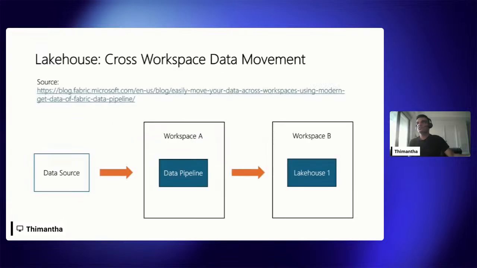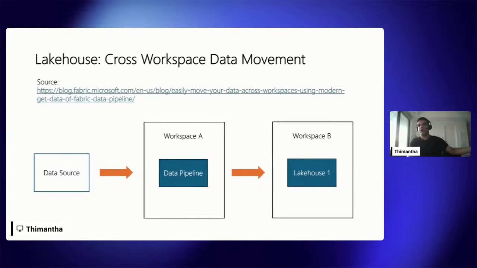Now, let me take you through these three features once again, just to brief you before I go to the next stage. You have cross workspace data movement, which is simply moving data across workspaces.